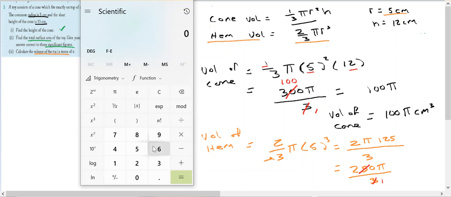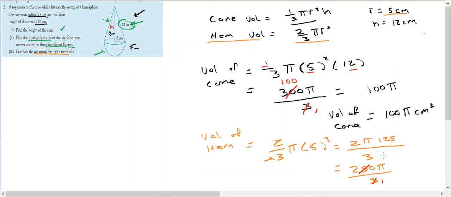So you have 250 divided by 3. That's equal to 83.33. So it's going to be 83.33 pi. So let's just write that down here.